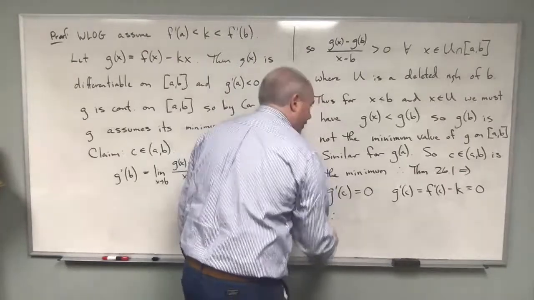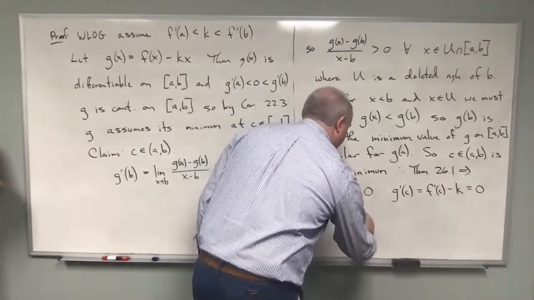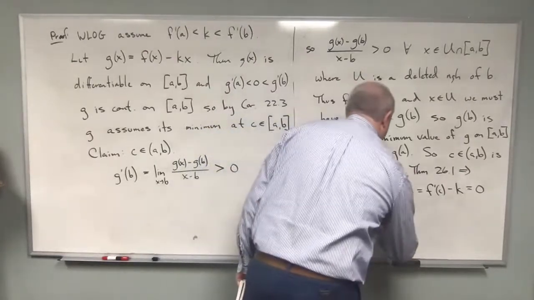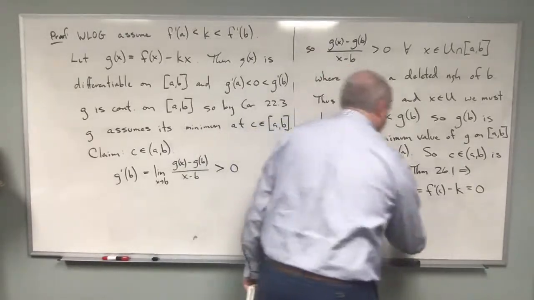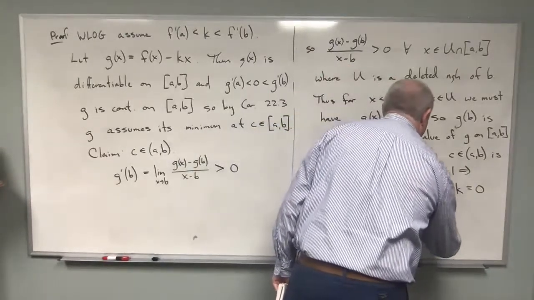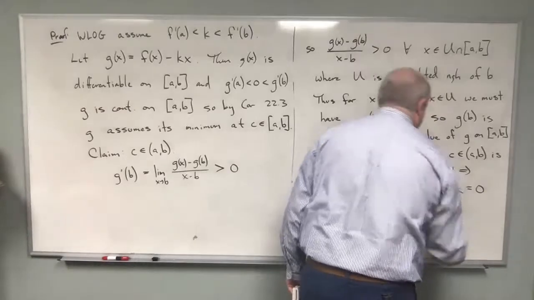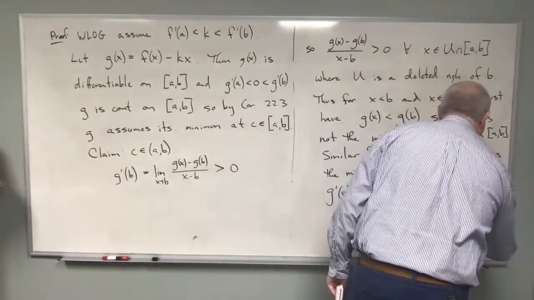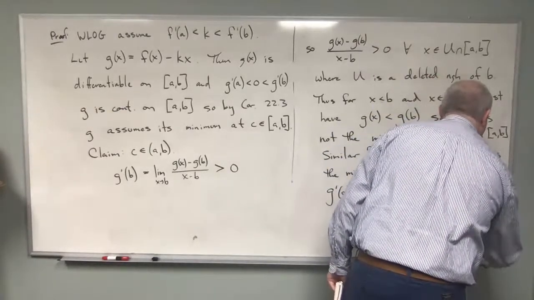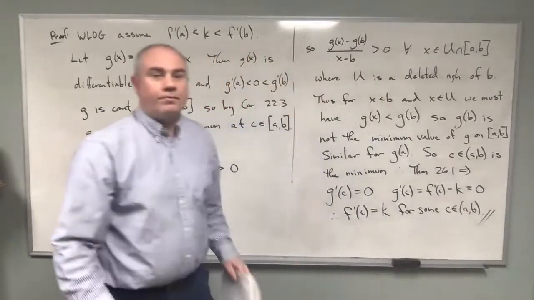Therefore, F prime of C must be equal to K for some C in AB. And that's what we wanted to show.